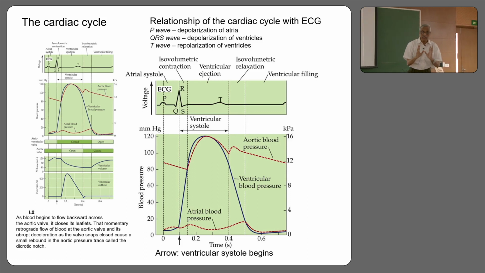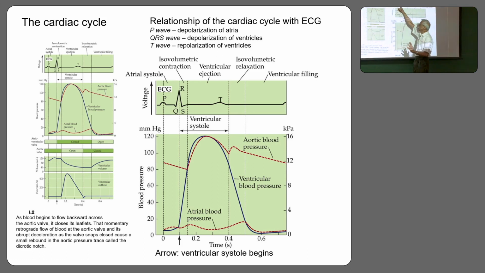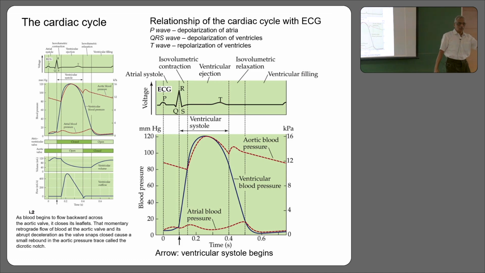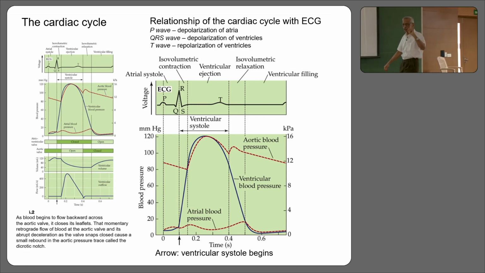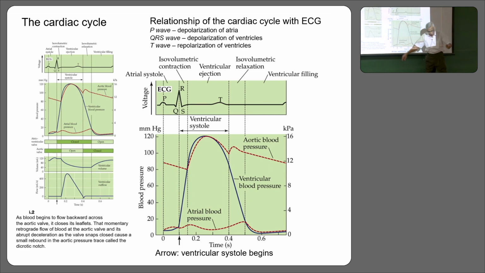When that is happening, I am in the period when both the valves are closed and the ventricle is a closed chamber. And the pressure recorded by my transducer goes from here to here.